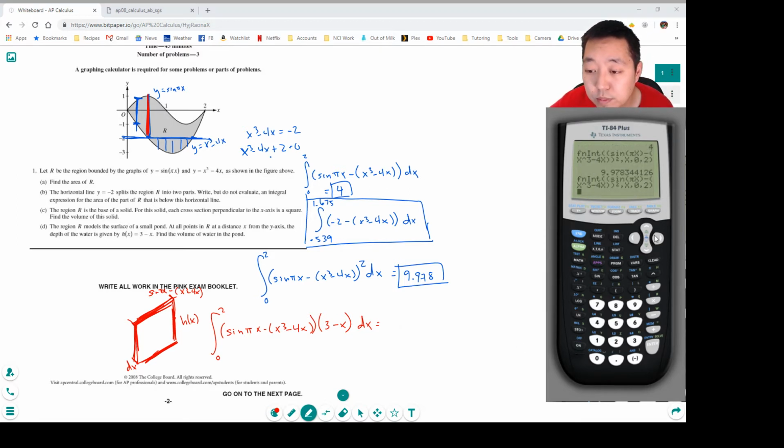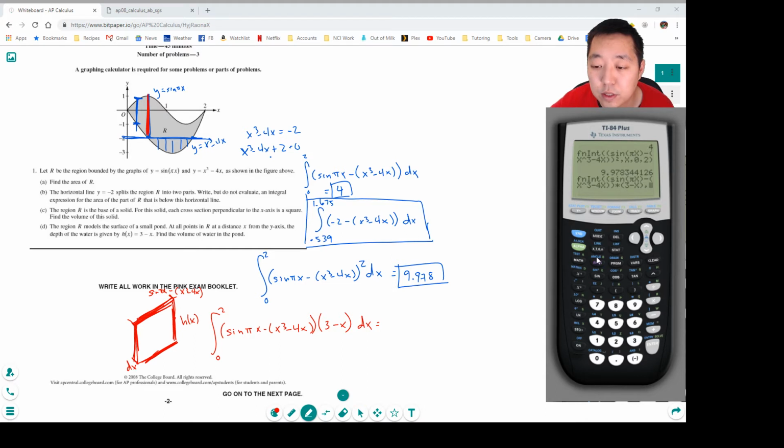Okay. Actually, I might just type it in all again. So we're going to do sine pi x minus parentheses x cubed minus 4x, times 3 minus x.